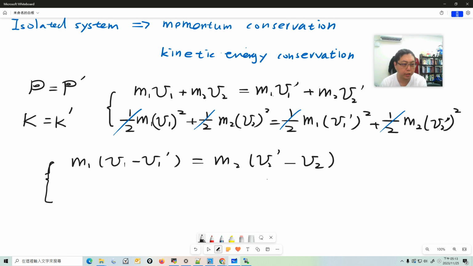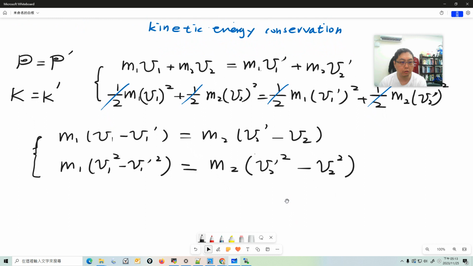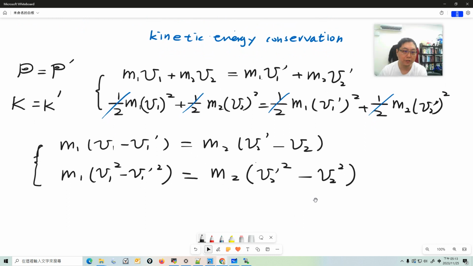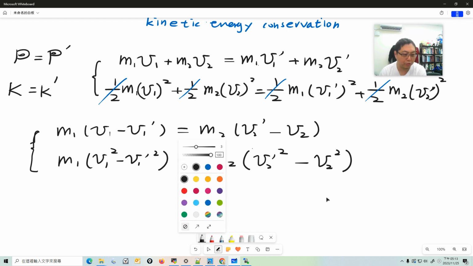And the second equation: we have m1 times (v1 square minus v1 prime square) equal to m2 times (v2 prime square minus v2 square). Check yourself. Maybe I skip some small steps, but I don't want to make the video too long.